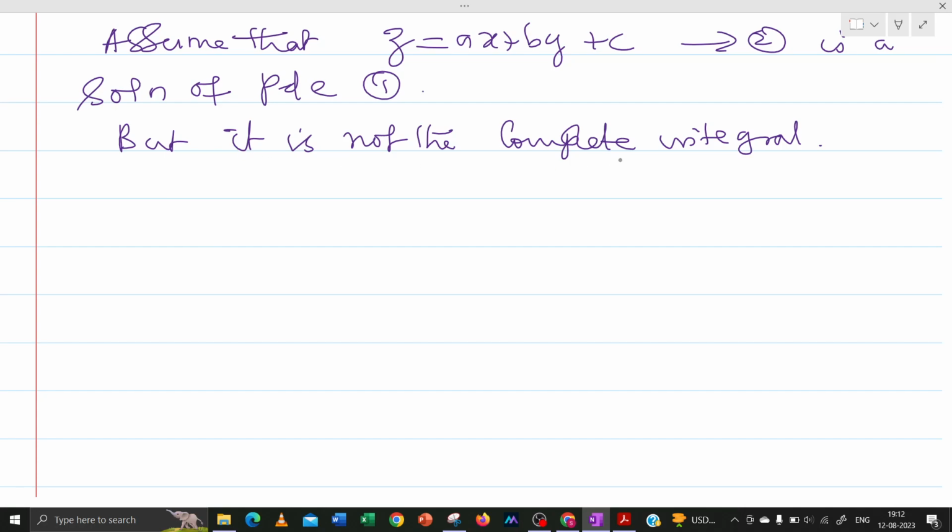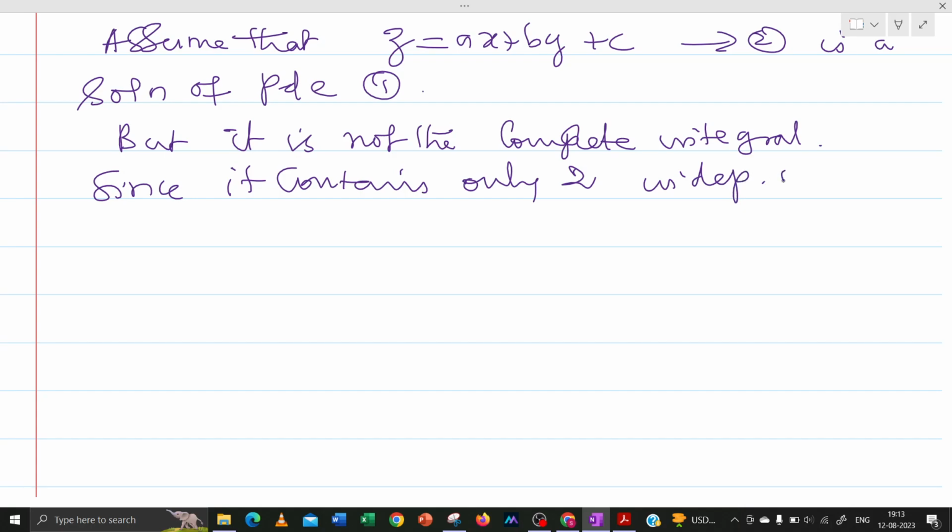But it is not a complete integral since it contains only two independent variables and 3 arbitrary constants.